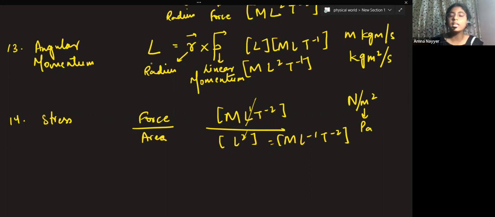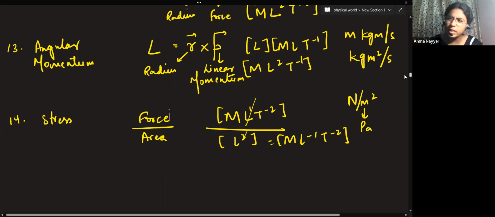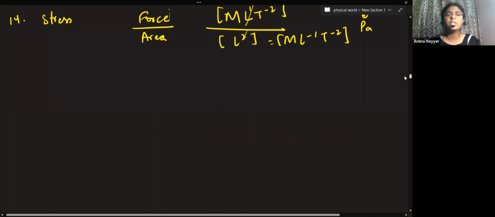Now the other quantity that is new to you, but this quantity is also very easy. This quantity is strain. This is actually whatever is the change in configuration, for example, change in length, change in volume, change in shape, any change in the configuration divided by what was original.